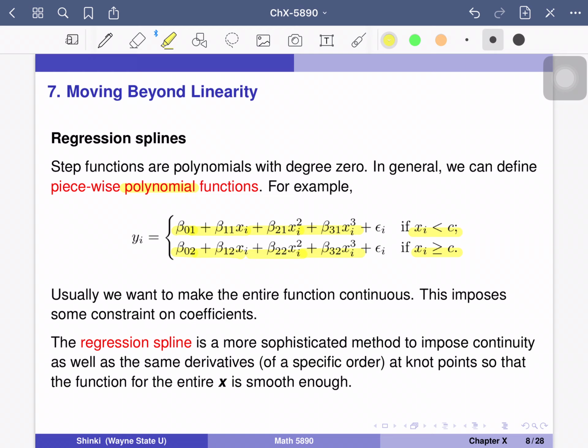Sometimes if we go beyond step functions, we want to make the entire function continuous. So this imposes some constraint on coefficients.